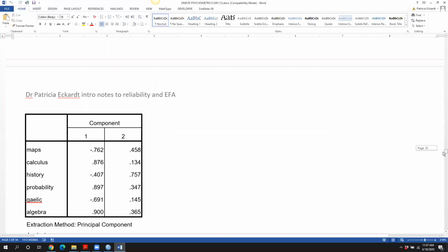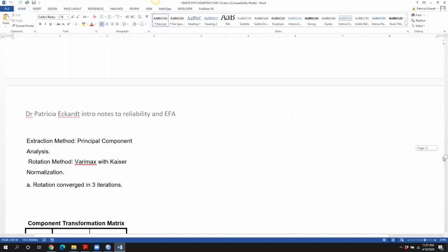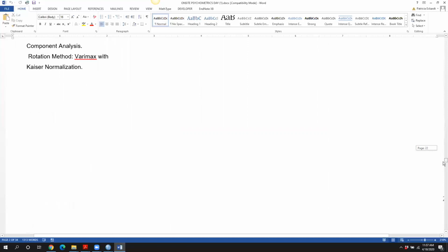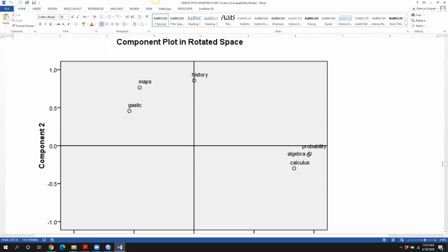Before we get into looking at the components analysis and rotated, I want to take you to another picture, because I think these really help. Look at this. Do you see in the component plot in rotated space how probability, algebra, and calculus are all sitting together? I always think of this like a teen comedy where someone drew the cafeteria and said, this is where the kids who like band sit, these are where the kids who like sports sit.